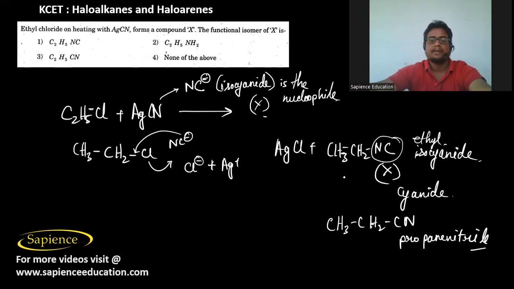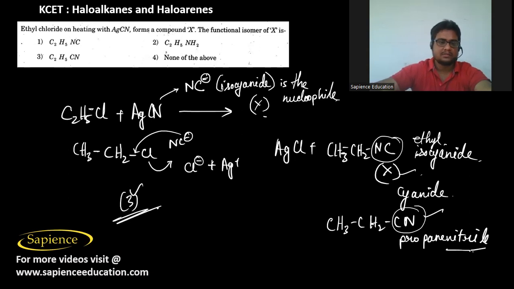So the functional groups are not the same. This propane nitrile, CH3CH2CN, is the functional isomer of X. So option 3 is the correct answer, which is C2H5CN.